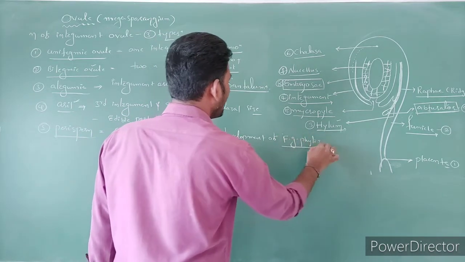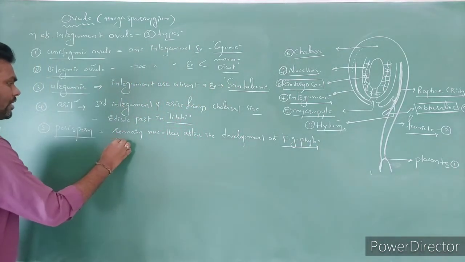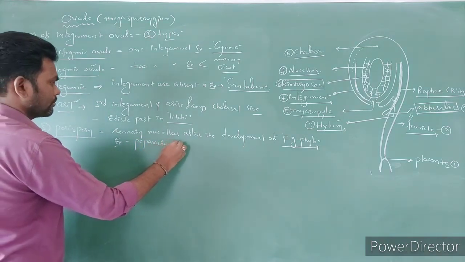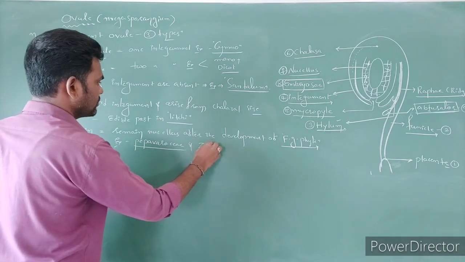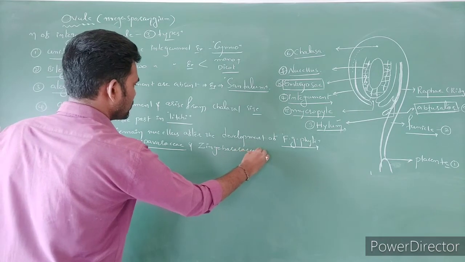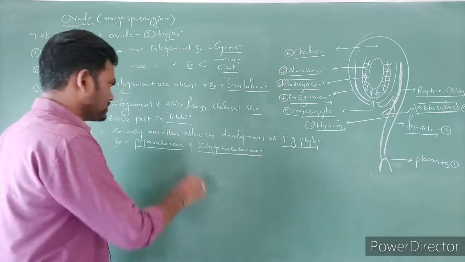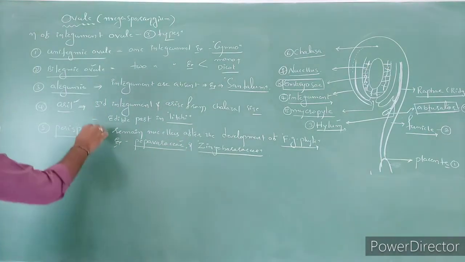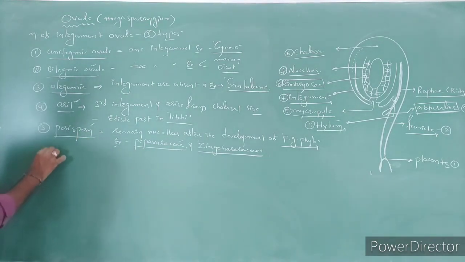Such a remaining nucellus we can call as perisperm. We can notice it in the Papaveraceae family, as well as Zingiberaceae. Zingiber means ginger, and Papaveraceae family is the poppy plant. So in these two plants we can notice perisperm.